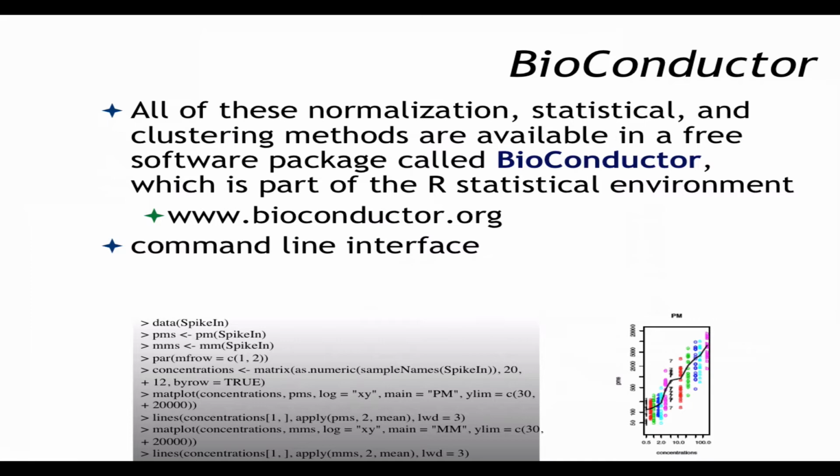In some cases, Bioconductor has very complex data objects which have methods built into them. So you can get, say, an image plot from a cell file with one command, or pull out the perfect match probes and graph them with one command.